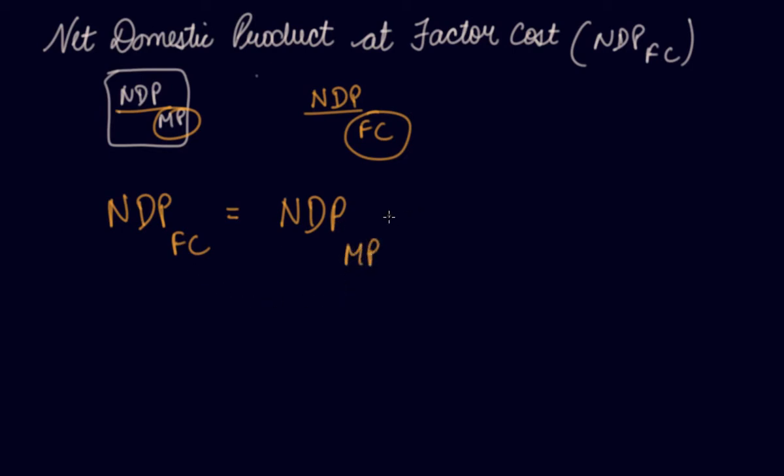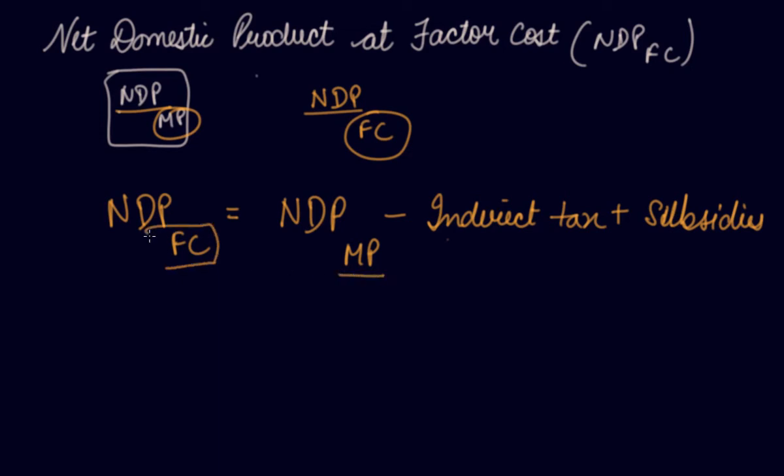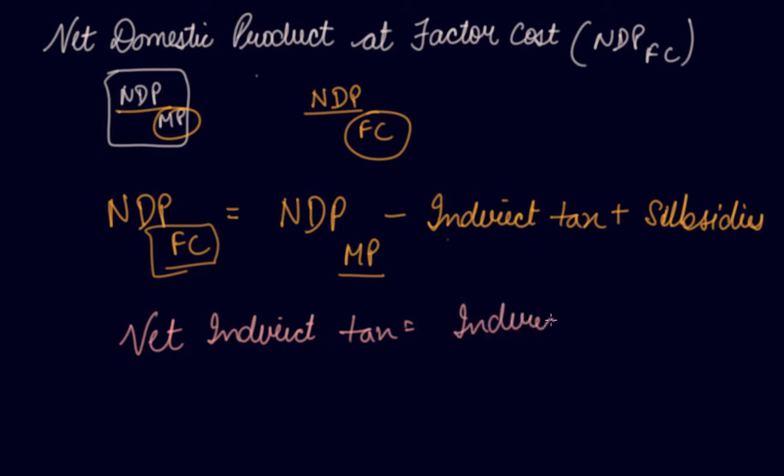From this, what you do, you subtract indirect taxes and add subsidies to it. So you subtract indirect taxes and add subsidies to this, you get FC, right? So your indirect taxes minus subsidies, you can also write it as net indirect taxes, which is equal to your indirect tax minus subsidies, right?